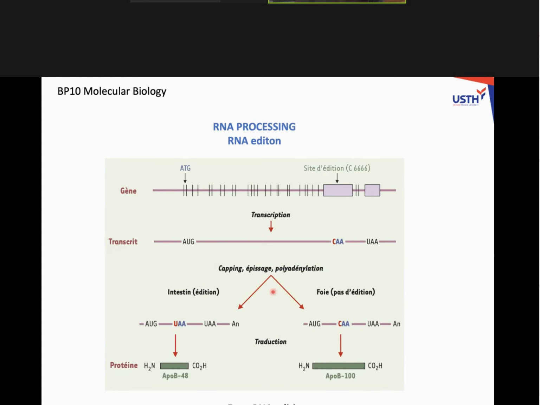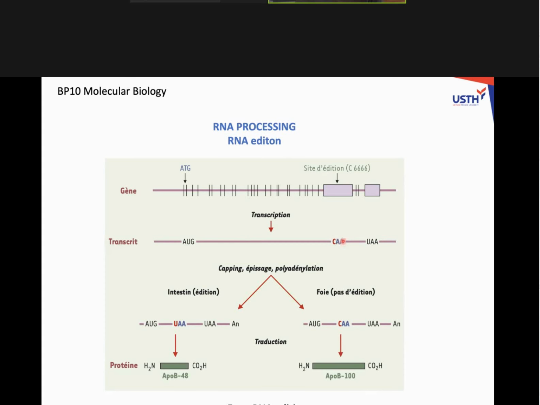So all the process for a normal transcript, but depending on which organ it is, so intestine in French is intestine in English, foie in French is liver. So this messenger, if it's produced in intestine or in liver, the editing of the RNA will be different, and this is particularly drastic because in the liver, there is no editing. Pas d'édition, no editing.